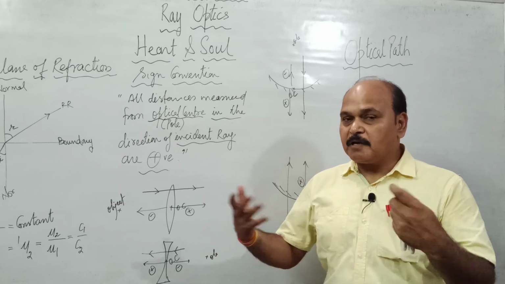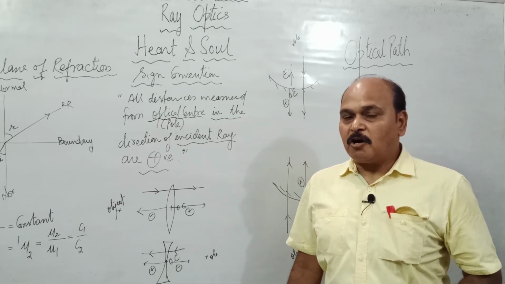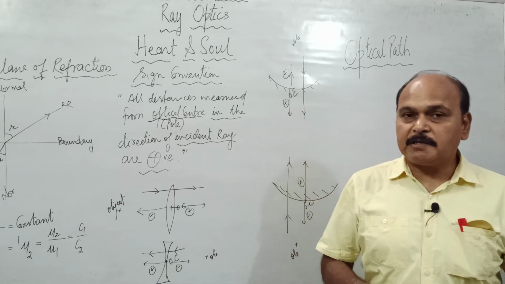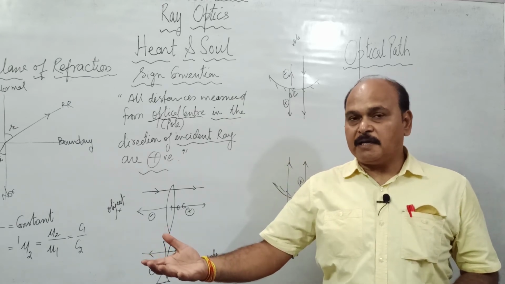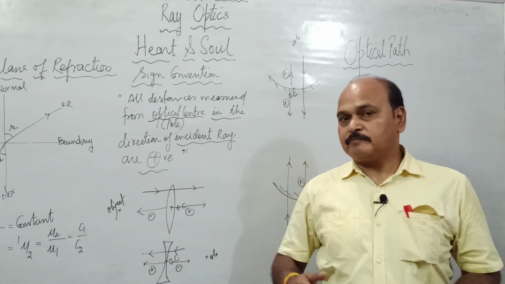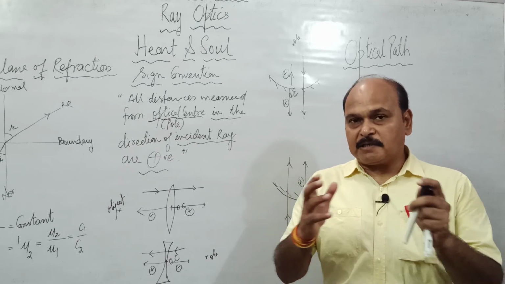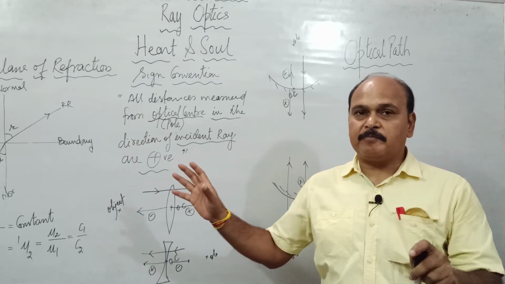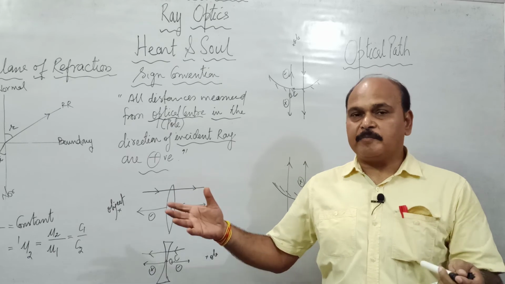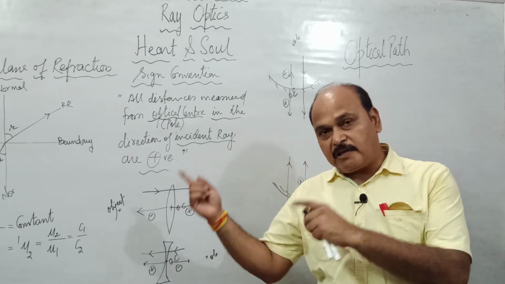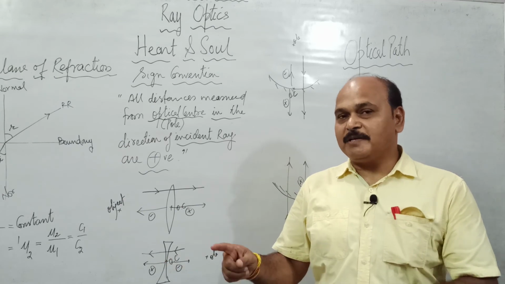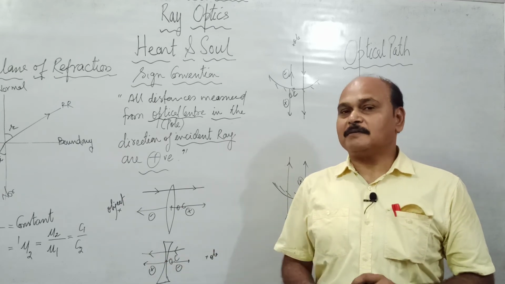So what is optical path of a distance? Optical path of a distance is nothing but the corresponding distance traveled by the light in vacuum. If light travels a certain distance in a given medium in any time, then in the same time whatever distance it is going to travel in the vacuum is going to be its optical path.